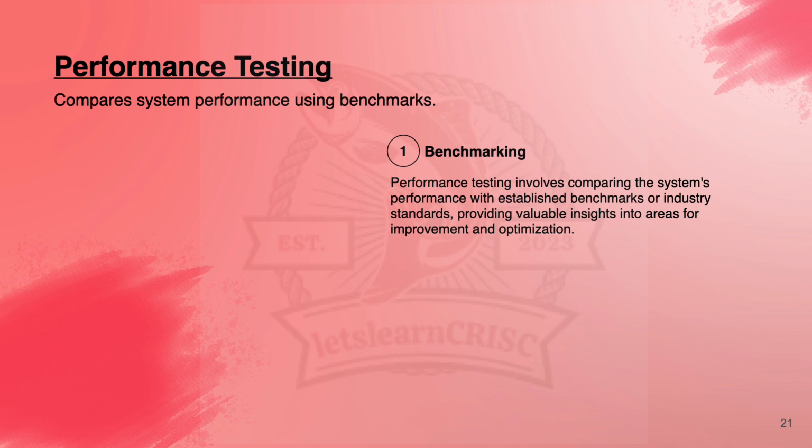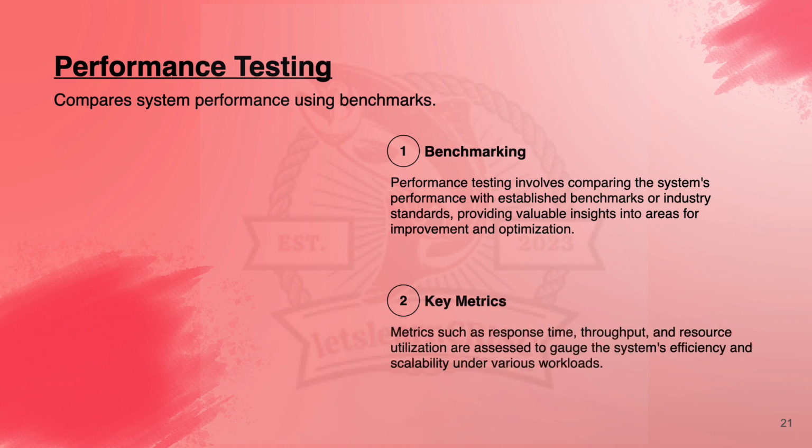And these metrics help the organization optimize their system to deliver a reliable and responsive user experience. Next, about the key metrics. Friends, under the key metrics, response time, throughput, and resource utilization are assessed to gauge the system efficiency and scalability under various workloads.